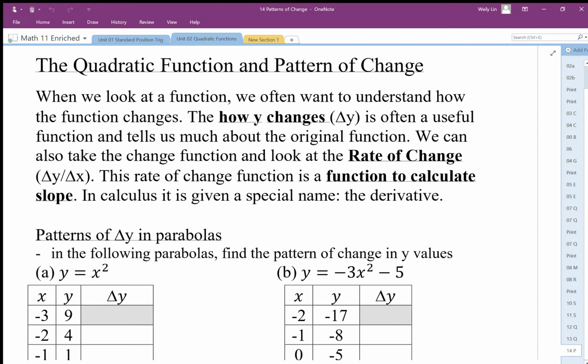When we look at functions, we often want to understand how a function changes, or the change in y. And when we look at the change in y, it tells us a little bit about the original function. So for example, when we see a linear change of y, that probably is a quadratic progression.